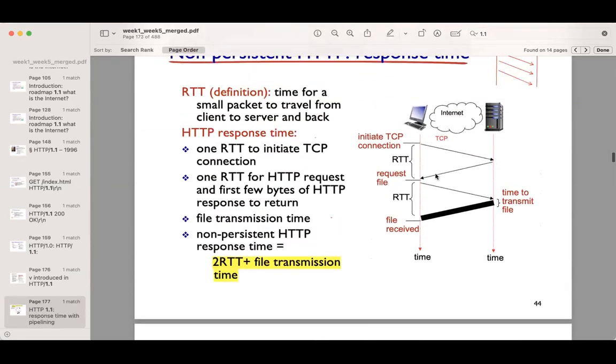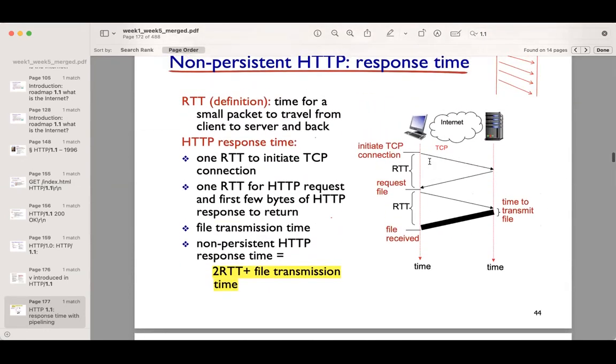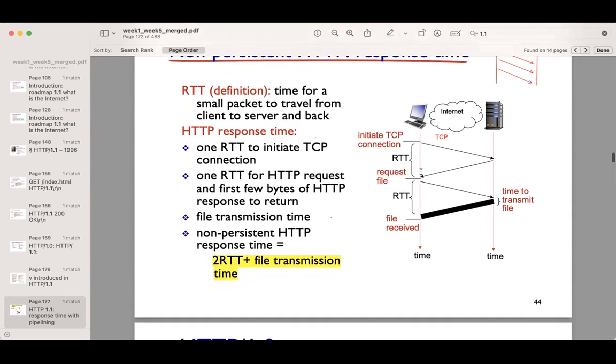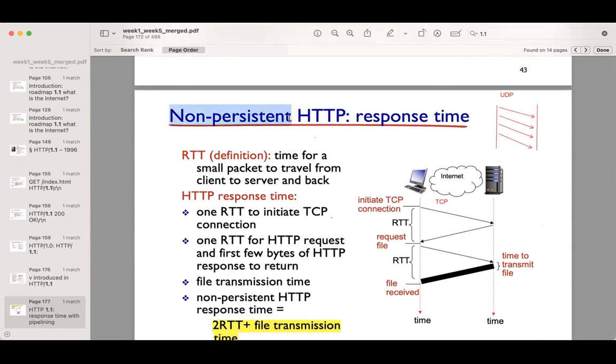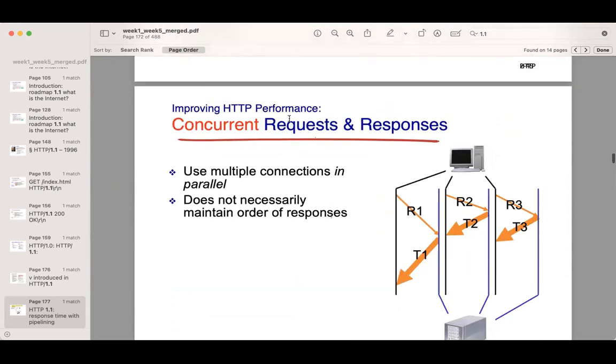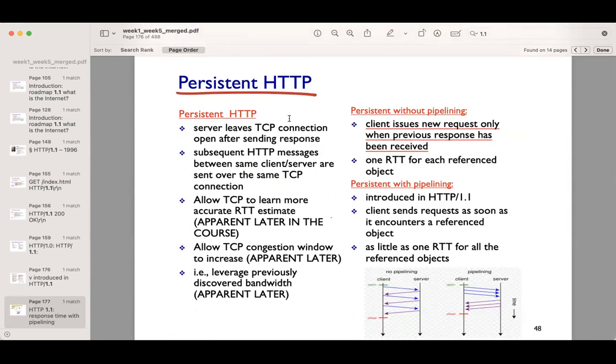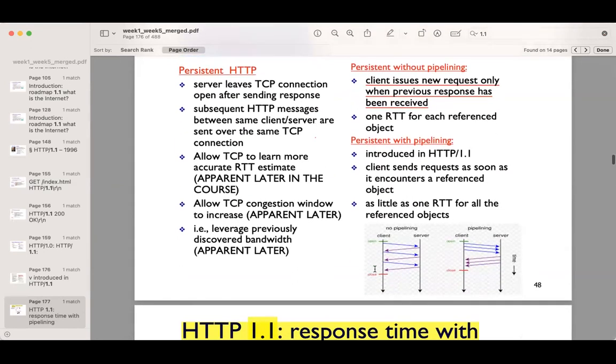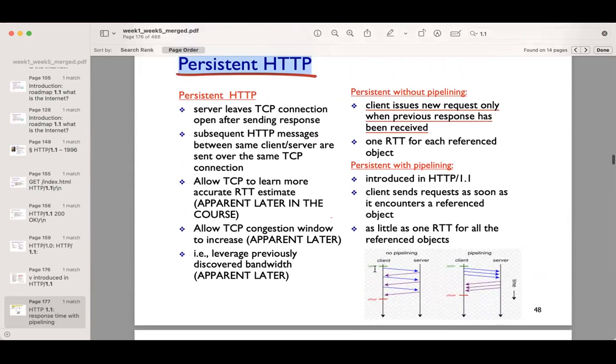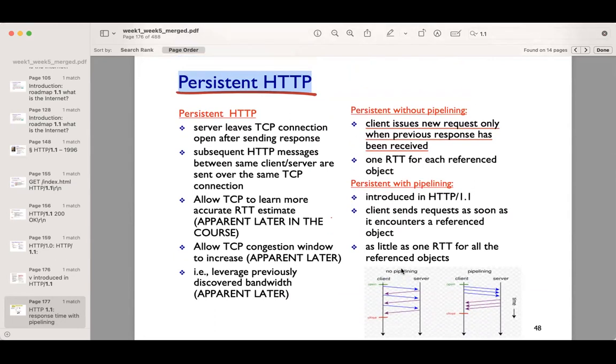But with a persistent connection, we don't need to establish a TCP connection every time. Does that make sense? If you still have no idea how this works, please let me know so I can give more details about this part. But in persistent HTTP, we only need one TCP establishment, and then we can send lots of files over this TCP connection.